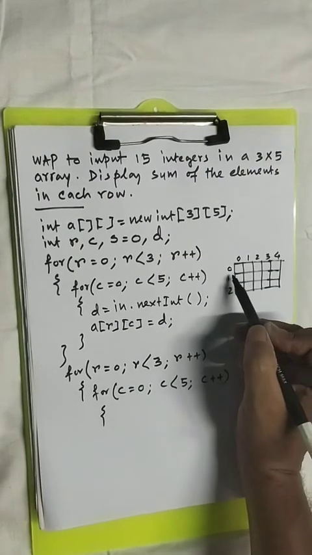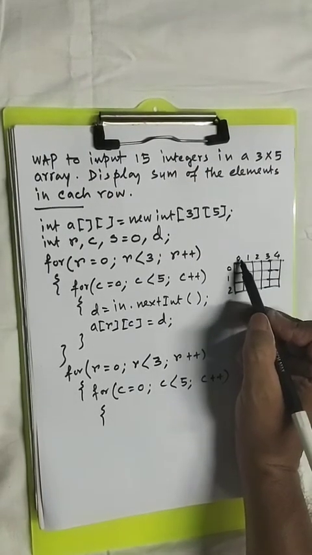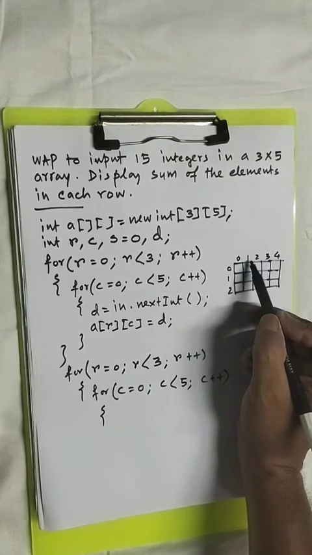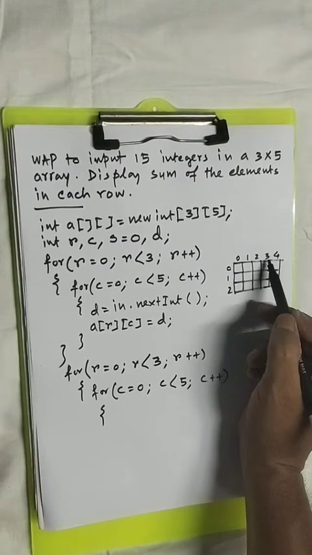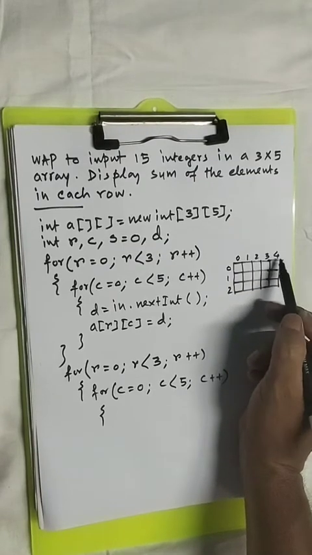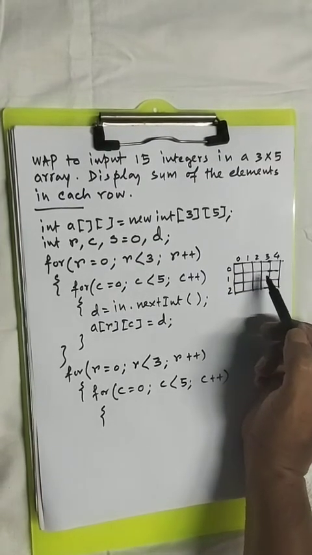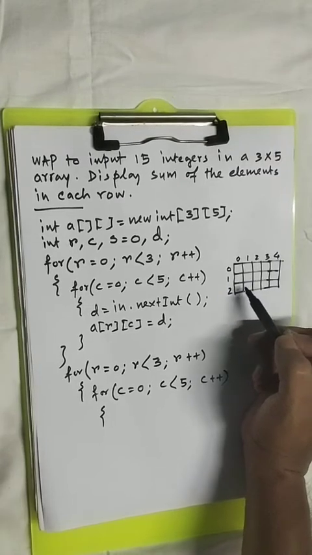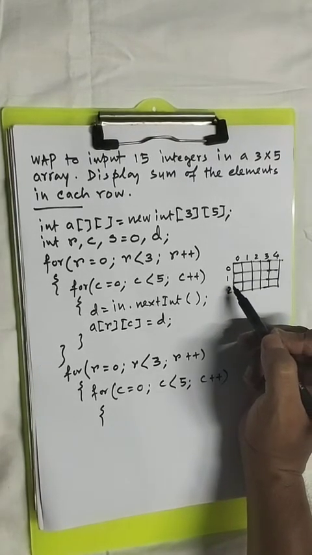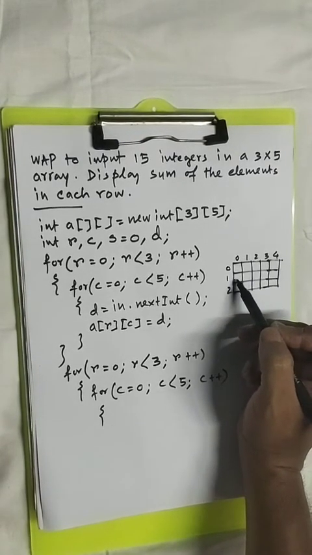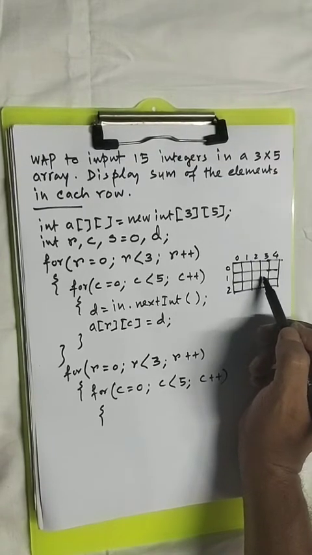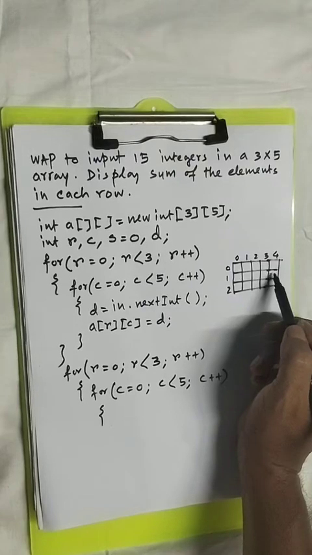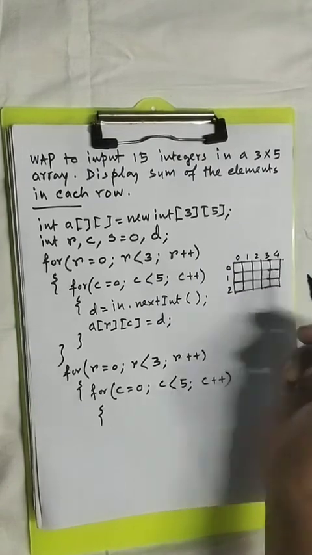So we have to actually calculate 0,0 plus 0,1 plus 0,2 plus 0,3 plus 0,4. This is sum of row number 0. Then when we are calculating sum of next row, 1,0 plus 1,1 plus 1,2 plus 1,3 plus 1,4. Likewise we will calculate.